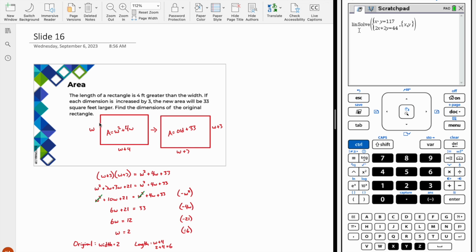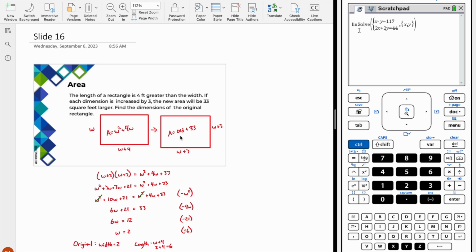So in this case, our original rectangle is our width multiplied by width plus 4. The new rectangle would be adding 3 to both of its sides. That means that we would then have w plus 3 and w plus 7. W plus 7 is coming from the original w plus 4 plus an additional 3 on top.